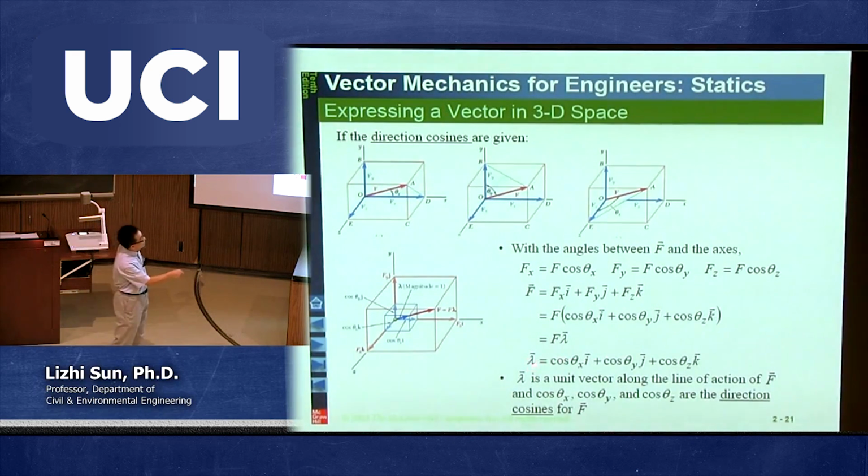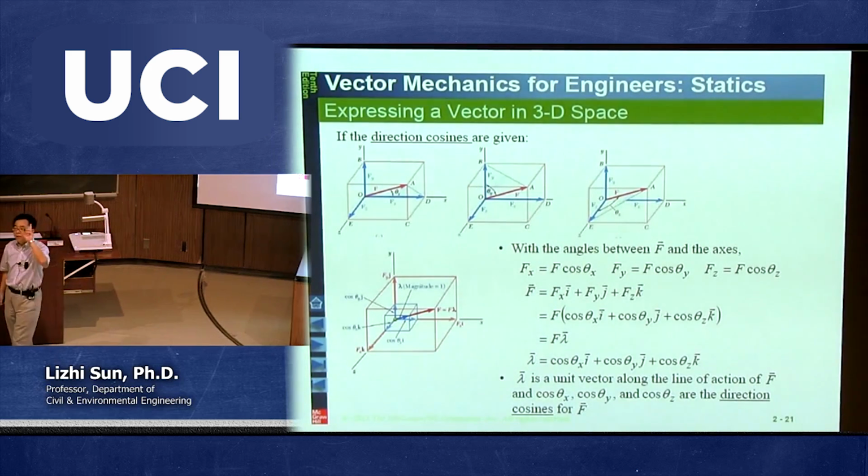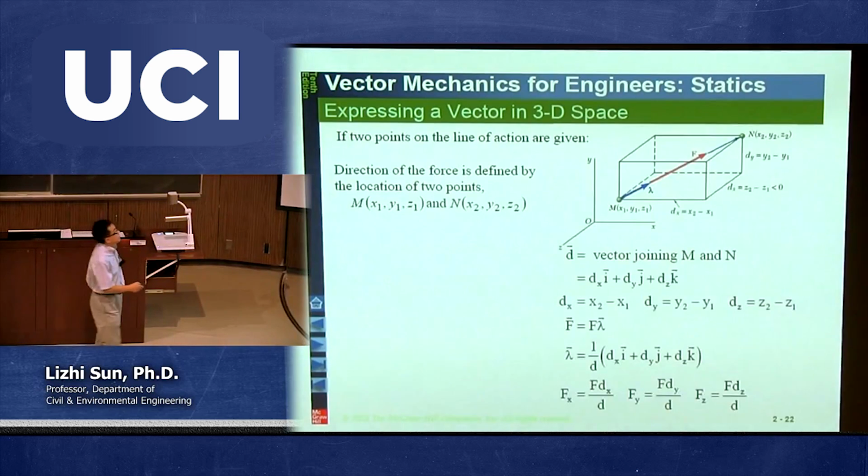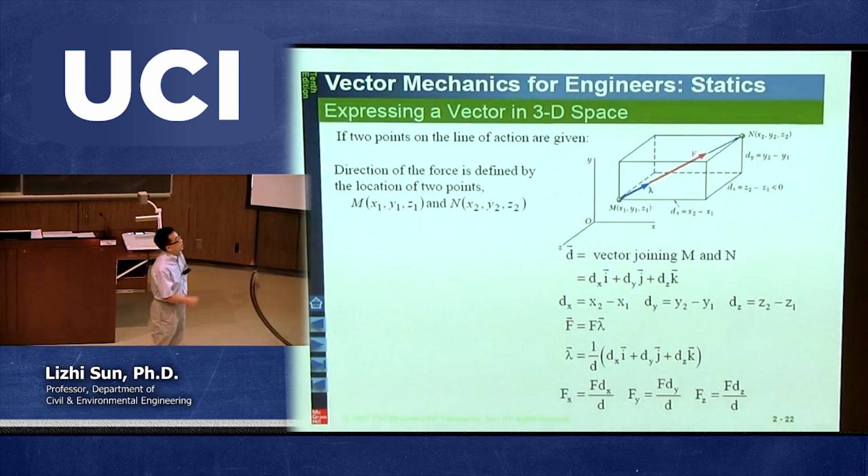You say, by definition, this is the definition. But if you use the definition, you never calculate, because we don't give you the angle. Instead, we can find an easy way to calculate this unit vector, as long as we know two points on that direction. And that is the formulation now.